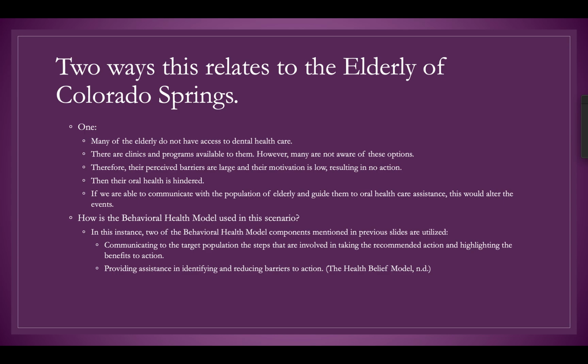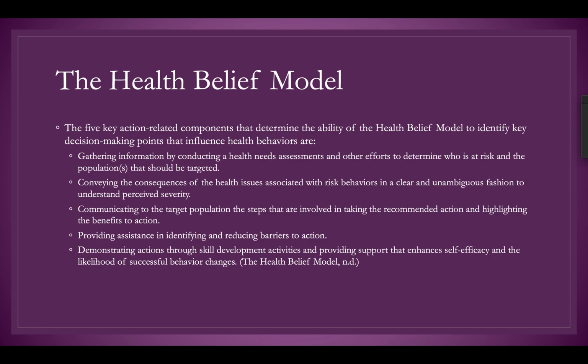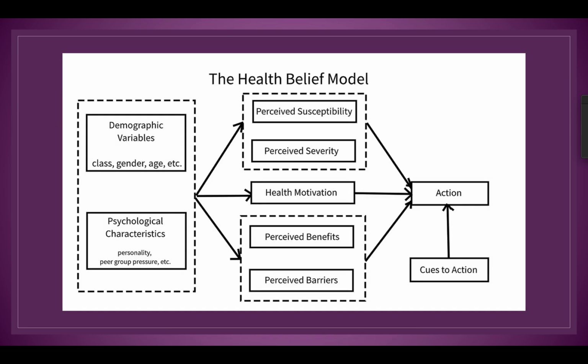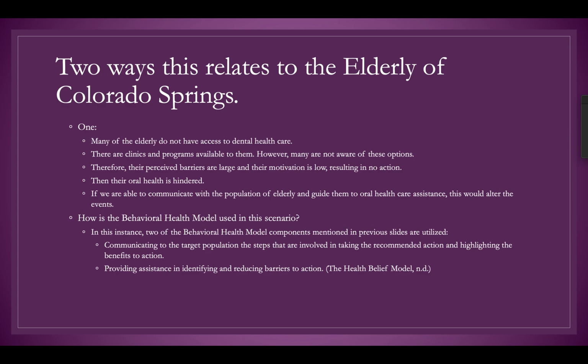I take it back to a couple slides ago when I had mentioned the 5 different key components. So the two that I see presented in this scenario are communicating to the target population the steps that are involved in taking the recommended action and highlighting the benefits to action, and providing assistance in identifying and reducing barriers to action.